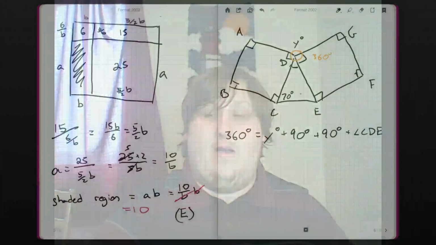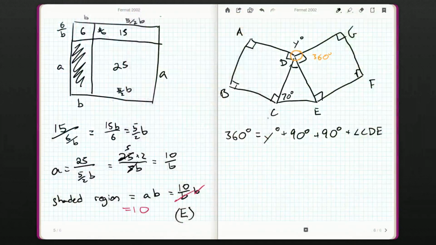That means that since we know the one angle, the other angle's got to be the same thing. It's got to be 70 degrees as well. So we know these are the same. So triangle CDE is isosceles. So that tells me that angle DEC is 70 degrees right here.